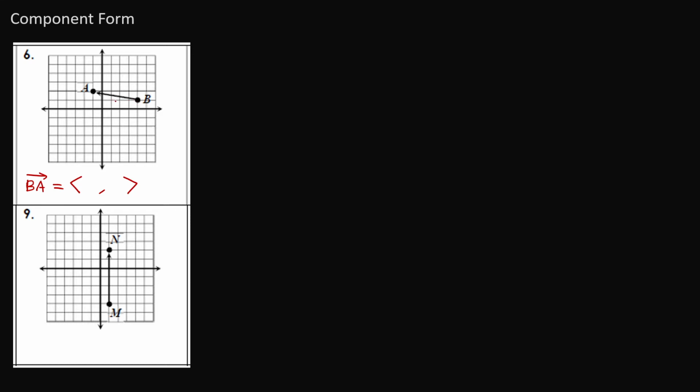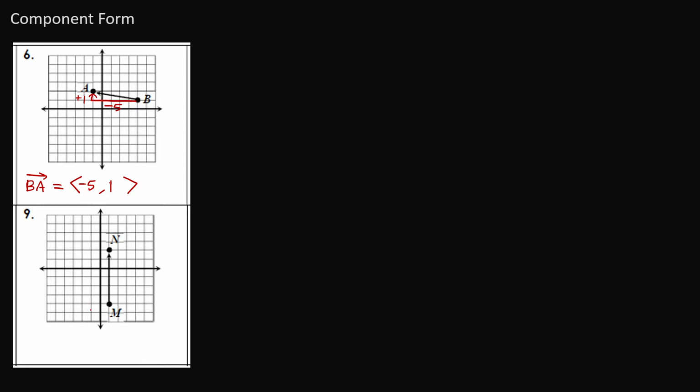So I'm moving 1, 2, 3, 4, 5 from points B to A. So we're moving 5 to the left. That is a negative 5 change. And now I'm moving up 1. If I'm moving up, that is a positive change in y. So our vector would be negative 5, 1 as the component form.